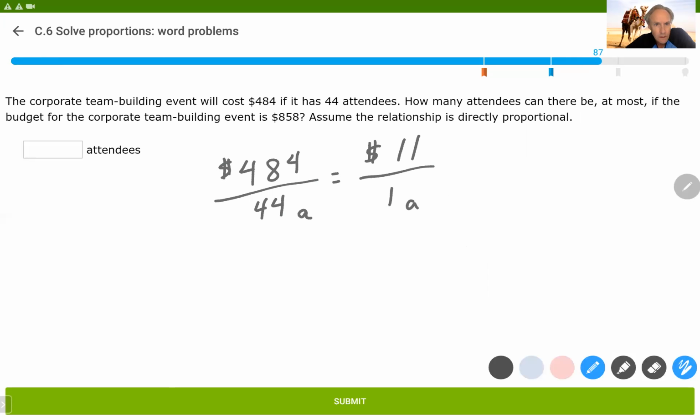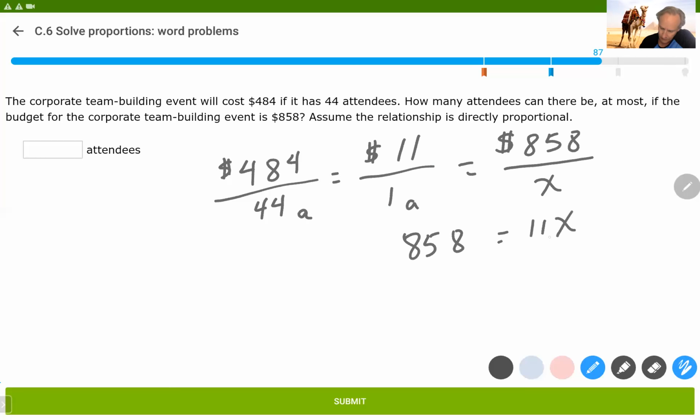And 858. So 11x is equal to 858. Divide by 11. And we're going to get 7 something.